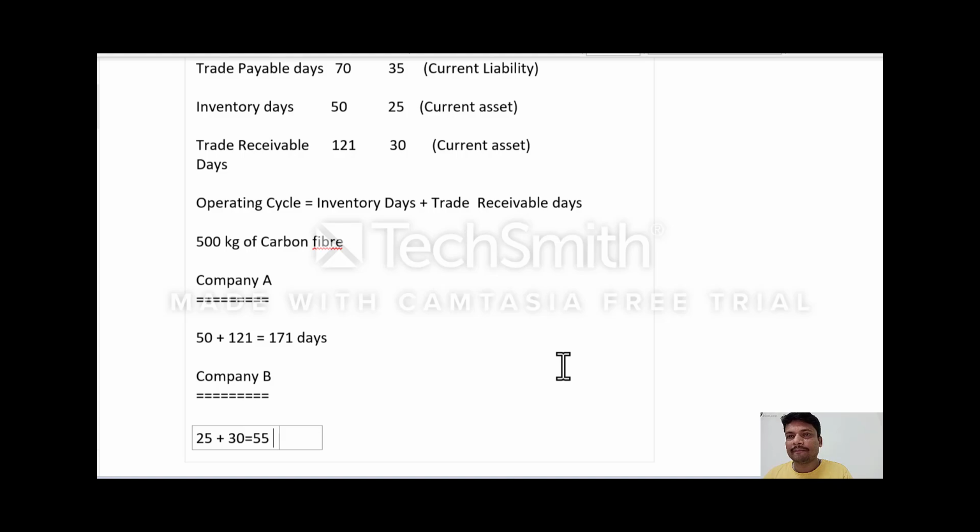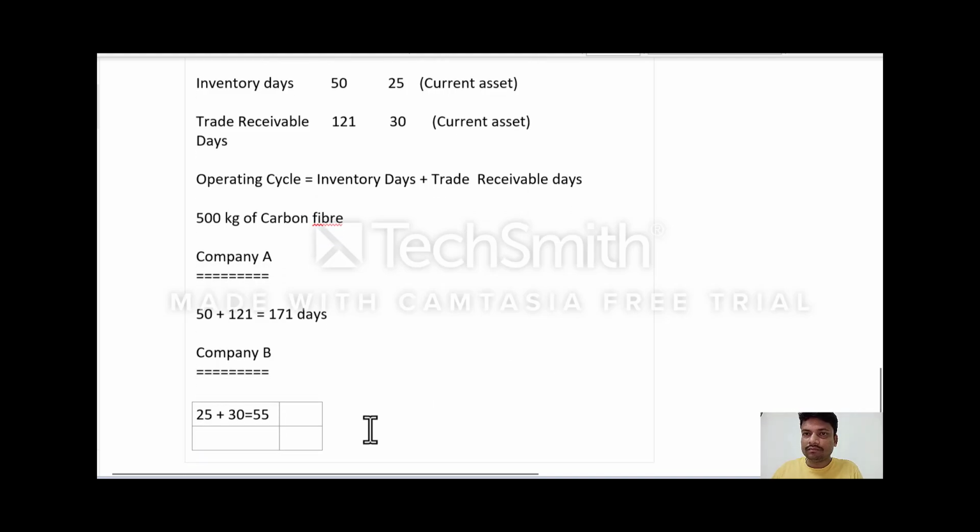So 55 into 3 is coming out to be 165. That means when company A is able to sell and collect money for 500 kgs of carbon fiber, company B has already sold carbon fiber of the same volume 3 times. Just imagine.